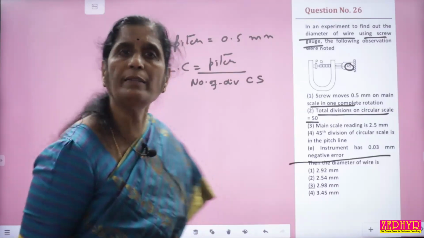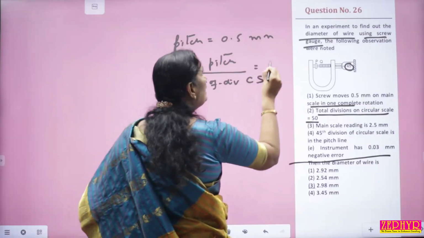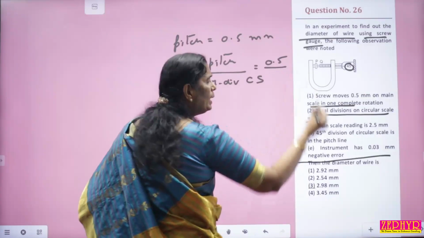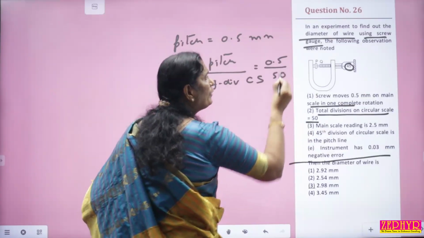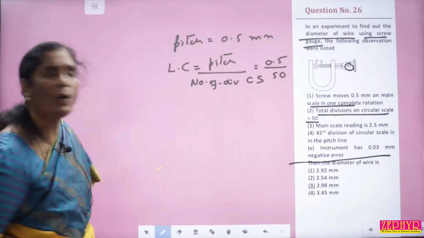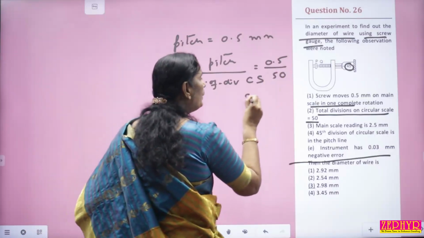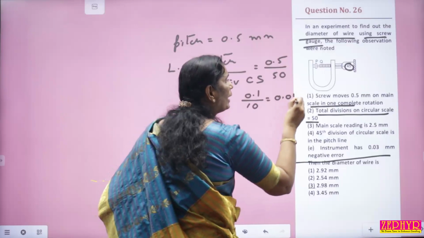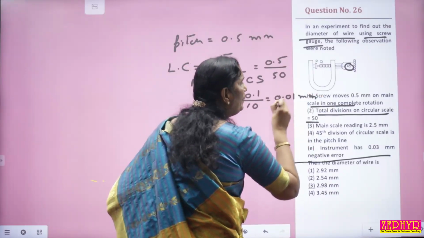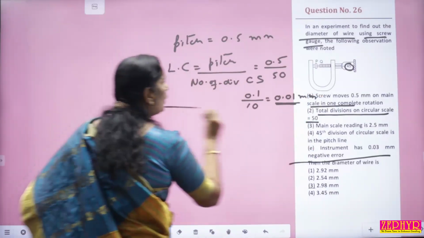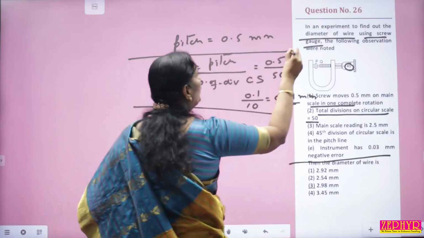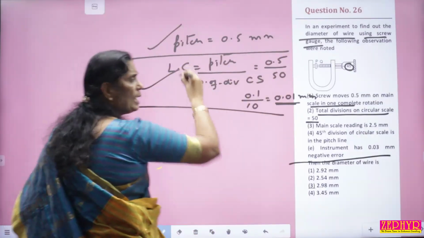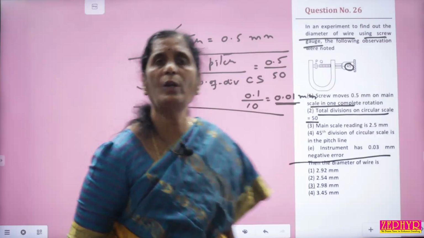Pitch is 0.5, and the number of divisions is 50. When you cancel this, 0.1 by 10, so 0.01 millimeter. Remember, millimeter. So this will be the least count. Step by step you have to do: find the pitch, find the least count, and then we will go for the reading.